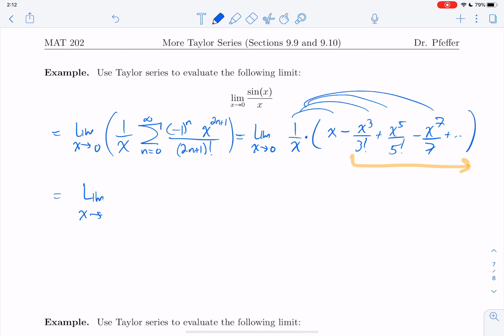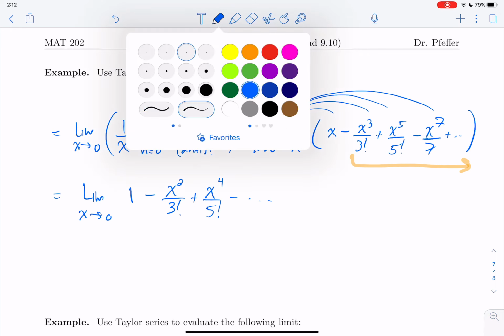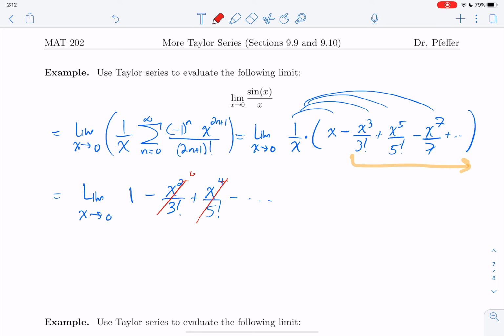Here we're getting the limit as x goes to 0 of 1 minus x squared over 3 factorial plus x to the 4th over 5 factorial, etc. And so each of these terms is going to go to 0, and the only survivor is in fact 1. Which you can confirm via Calc 1 techniques or by using L'Hopital's rule that this limit is also 1. So we are indeed getting the same answer that we would get with old techniques.